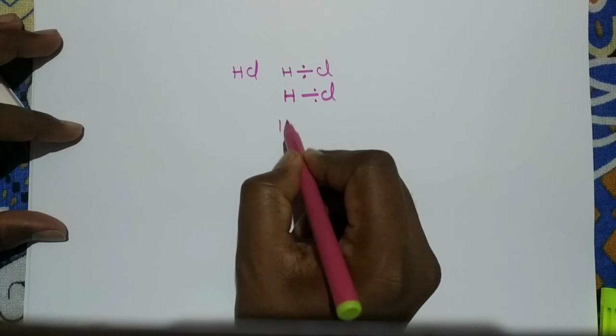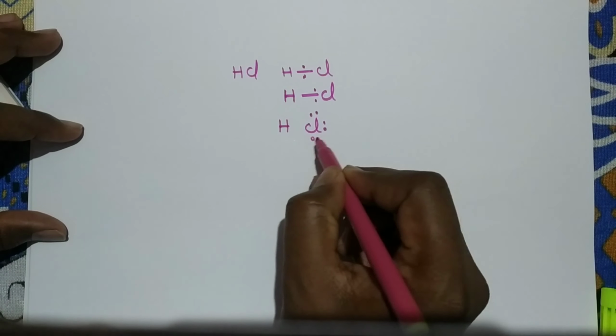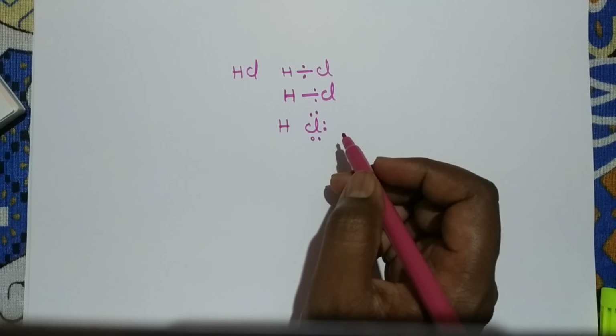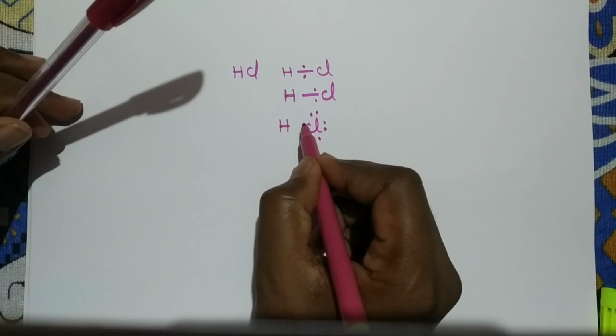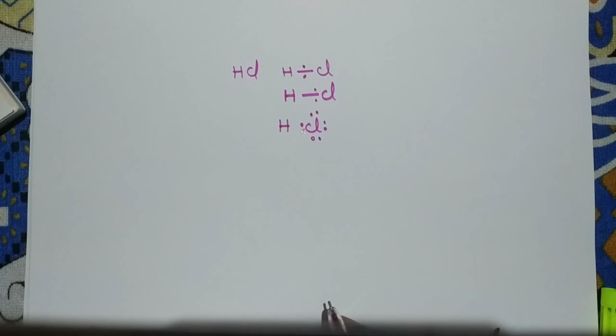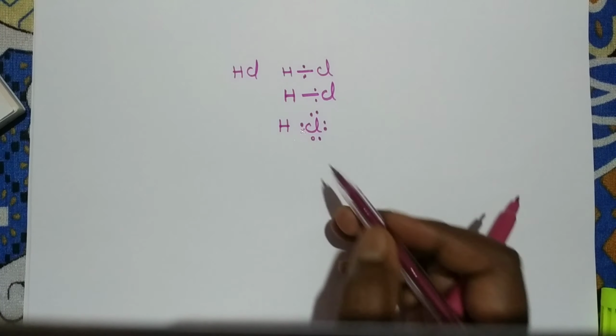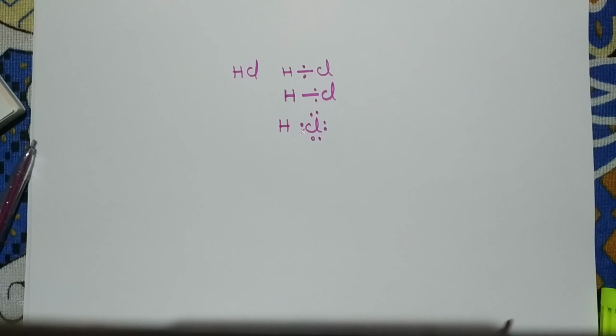In the neutral state chlorine contains 7 electrons, and now the eighth one comes from the hydrogen. So now chlorine contains 8 electrons.